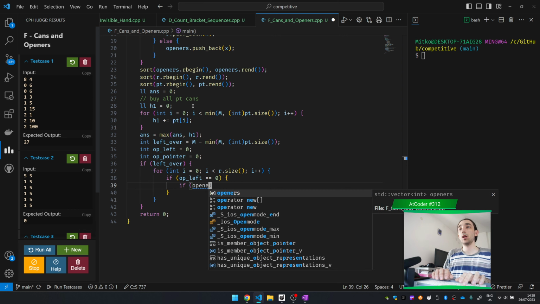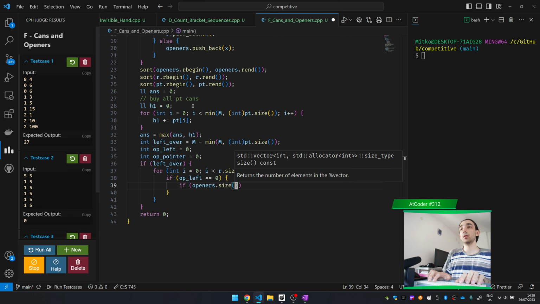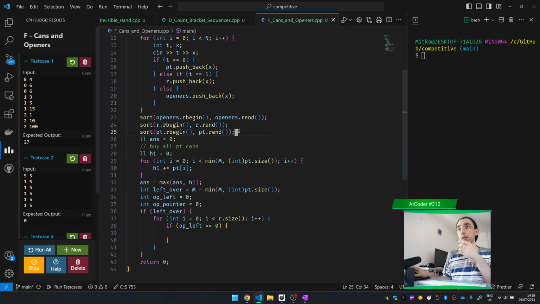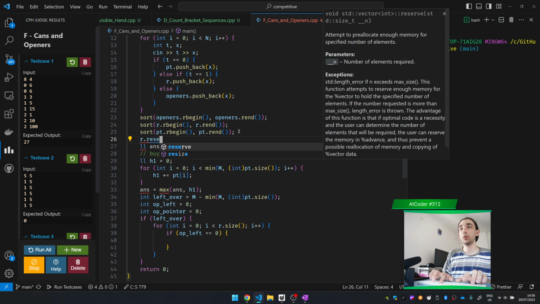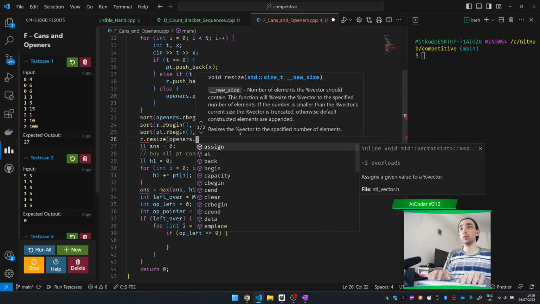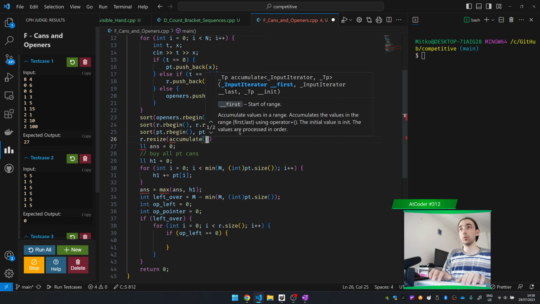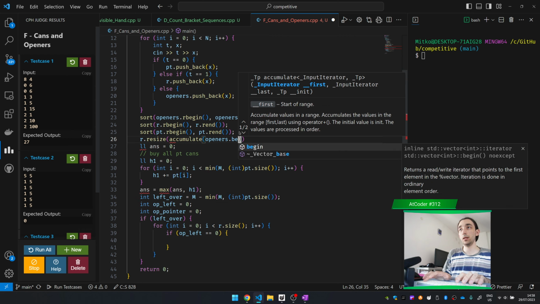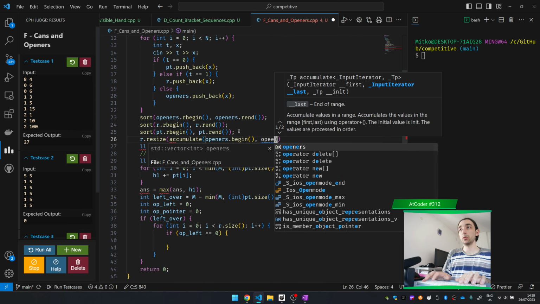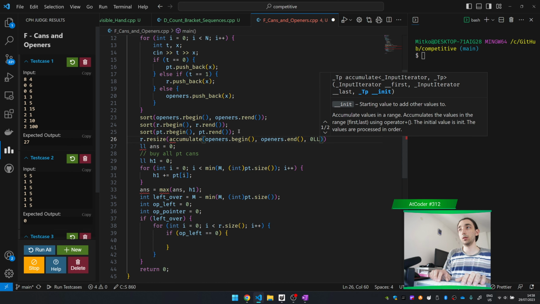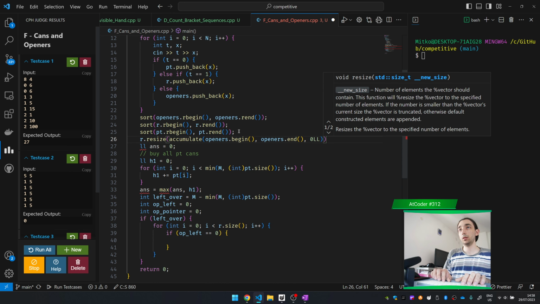Let's say if openers dot, I mean the R here, what I can do is I can sort them through R, but then I can R dot resize the amount of accumulated openers that begin openers LL.